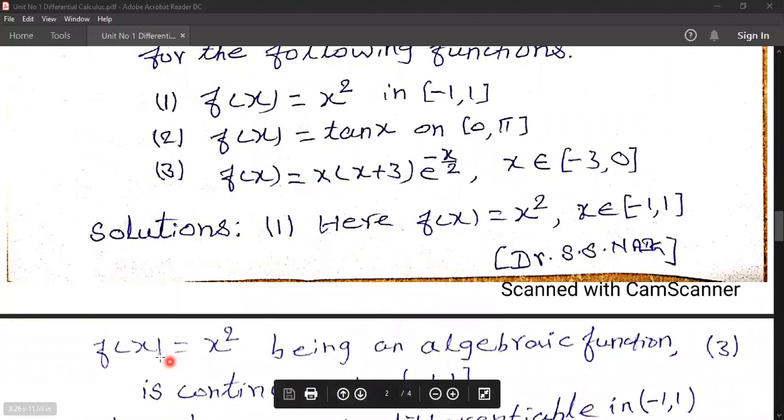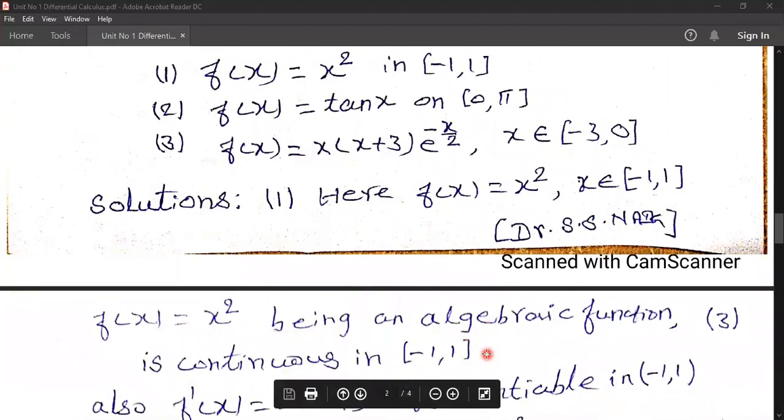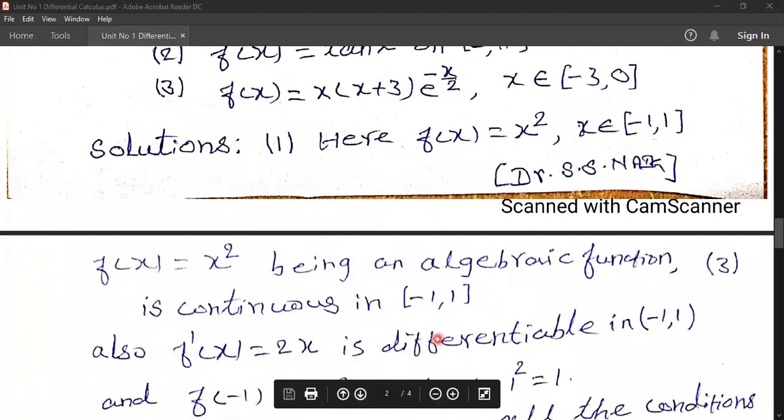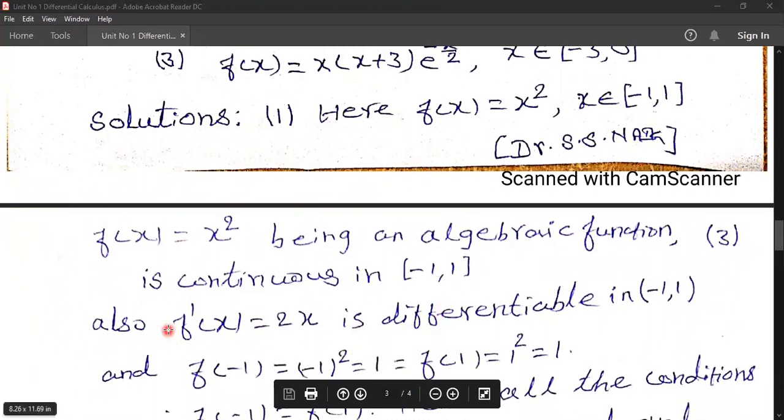Here f of x is equal to x squared, being an algebraic function, and we know that all algebraic functions are continuous. In particular, f of x is equal to x squared is a continuous function in the closed interval minus 1, 1.